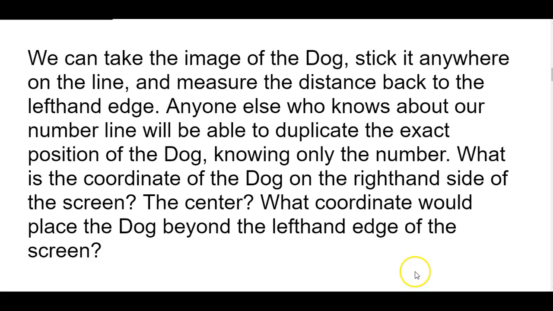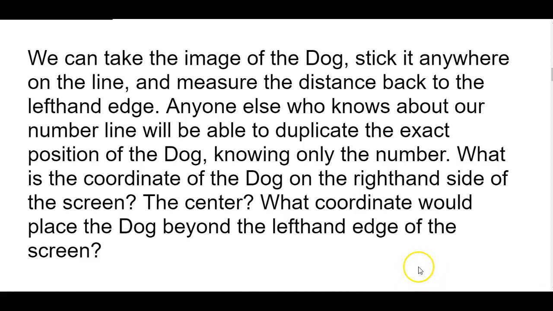So you can see that if we gave that number 520, then anybody that understands what we're looking at is going to be able to put the dog right where it is, and that includes the computer. The computer knows, oh, you want 520 pixels, then let me start over here, go over 520 pixels, and this is where I'll put your dog.